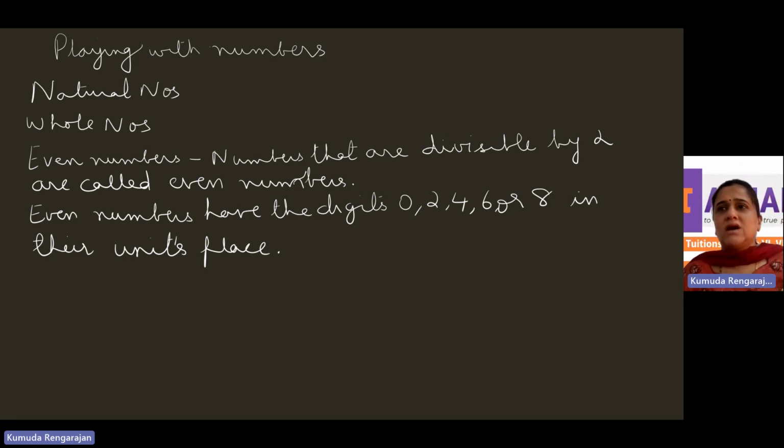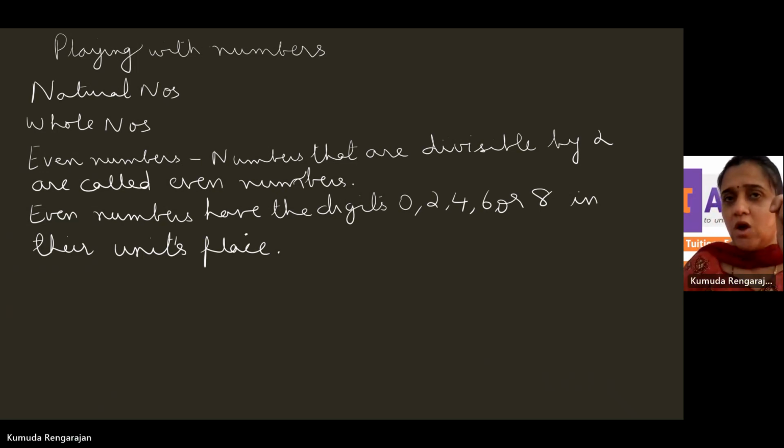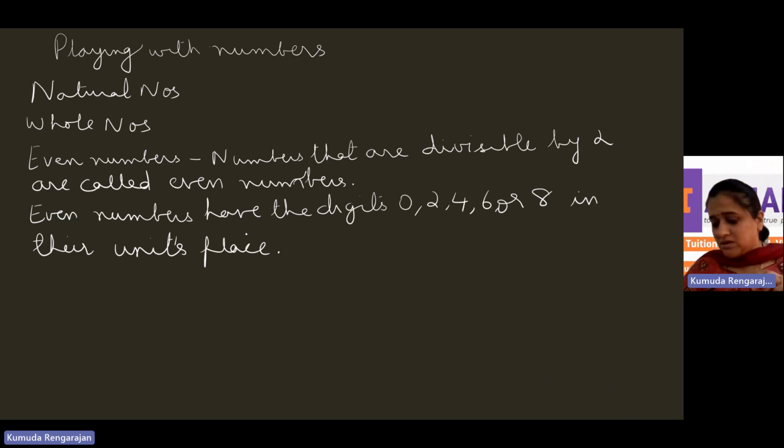However large the number is, if it ends with the digit 0, 2, 4, 6 or 8, then that number is an even number. So what's the definition of an even number? Numbers that are divisible by 2 are called even numbers, and they end with the digits 0, 2, 4, 6 or 8. All right. Odd numbers.